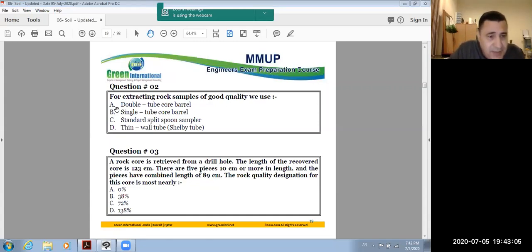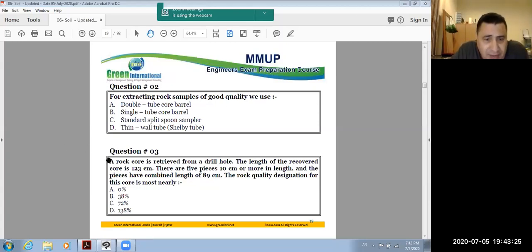Okay, standard split spoon. I believe the answer is A, double tube core barrel. Question number 2 is A. All of these types of questions and answers are already solved for you.